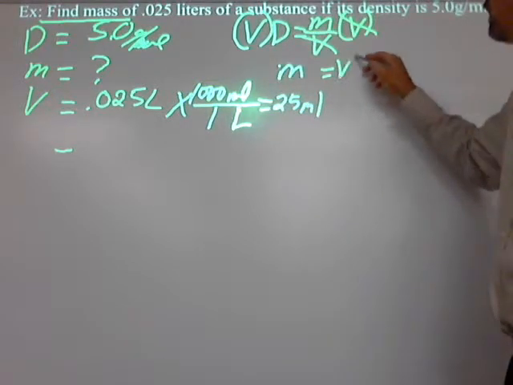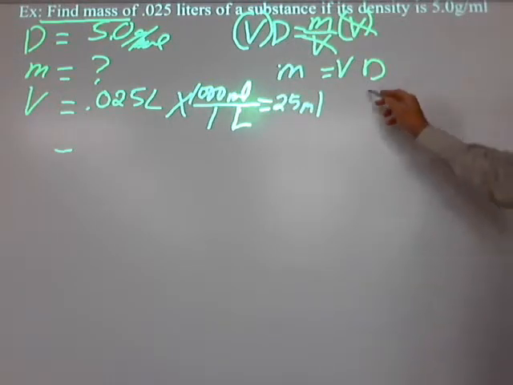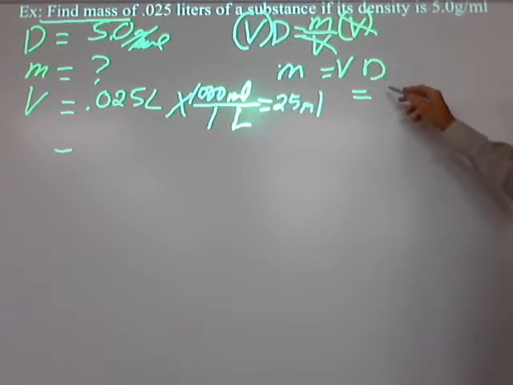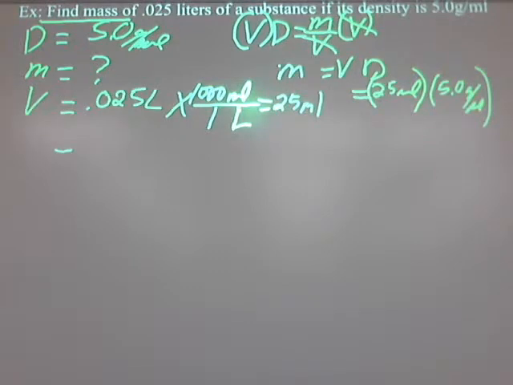M equals V times D. Correct? So M equals, my V was 25 milliliters, and my D was 5.0 grams per milliliter. Got it?